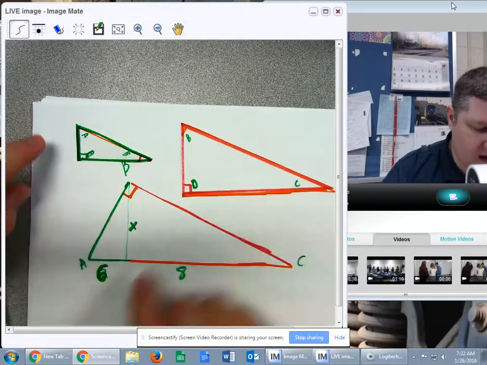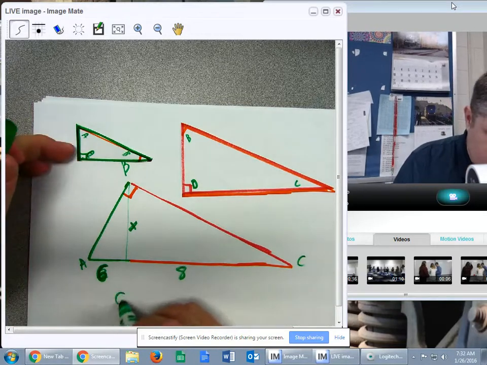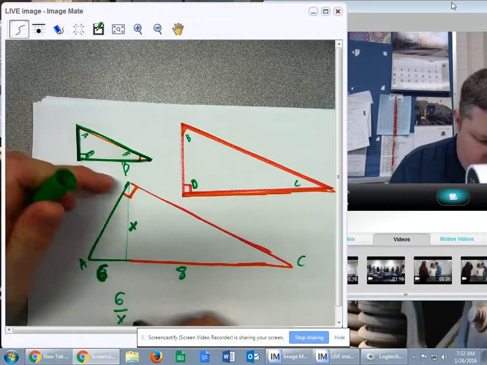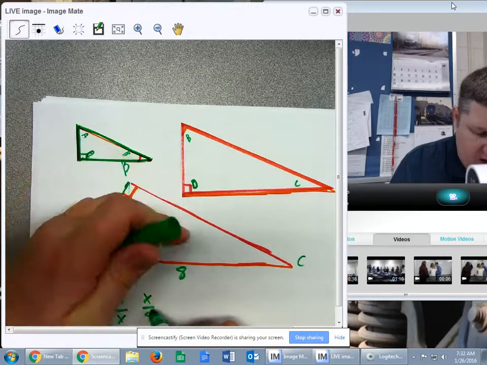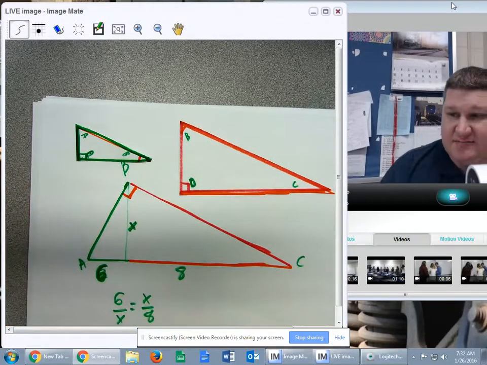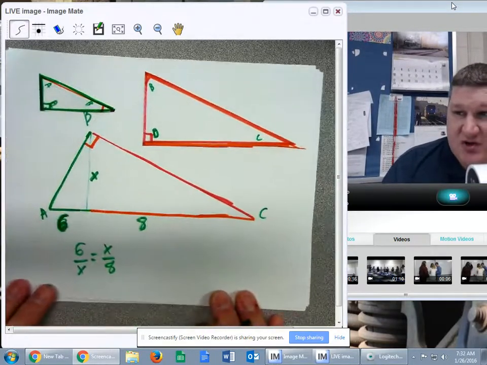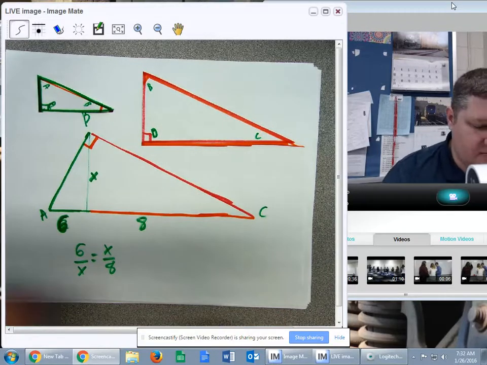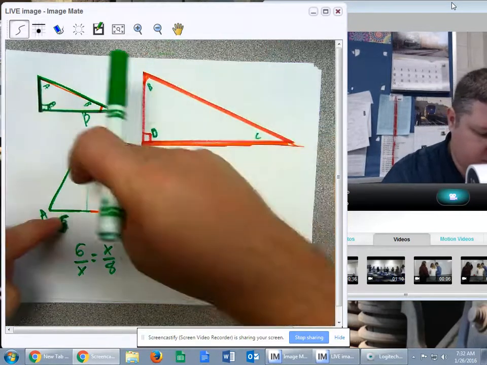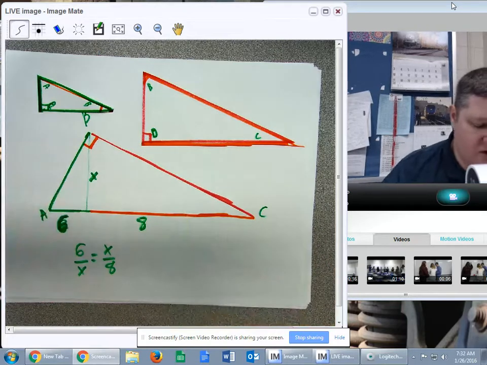So again, I could say 6 is to x as x is to 8, and that creates my geometric mean situation. So by simply comparing like sides, I can create a geometric mean.